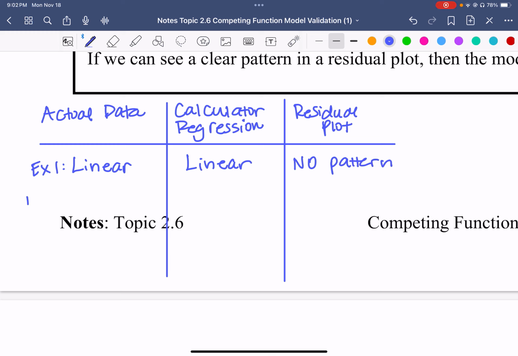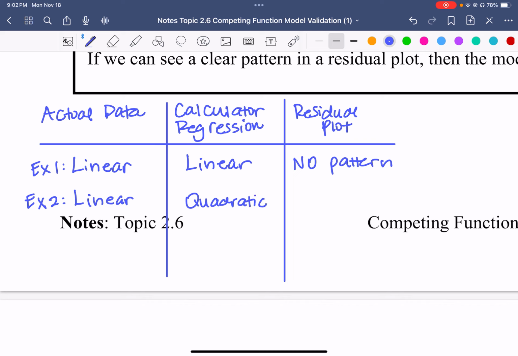Okay, now let's say we have the same table with the weights of the baby, and I know it is a linear function. But let's say I'm putting the data into the calculator and my finger slips, and instead of clicking linear, by accident, I click quadratic.